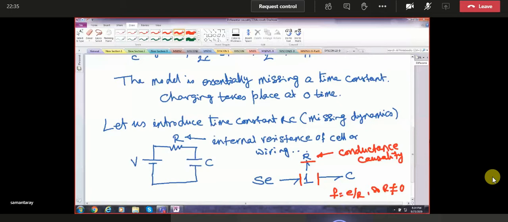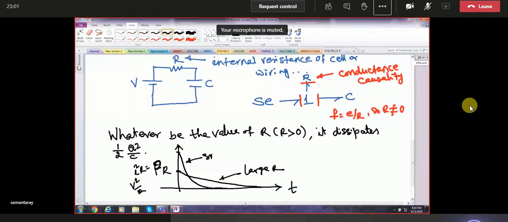So small resistance, this will be a high value. Large resistance, it will be a low value. Area remains the same. It's constant.